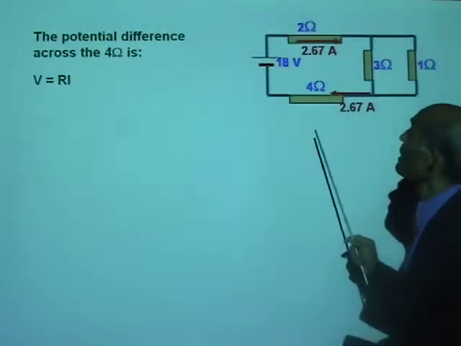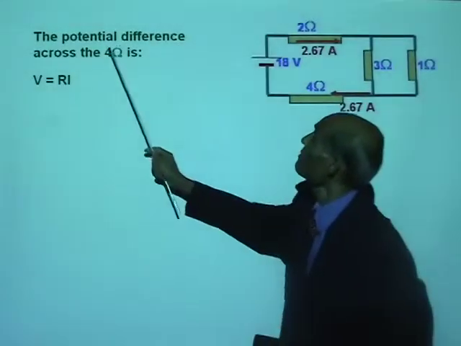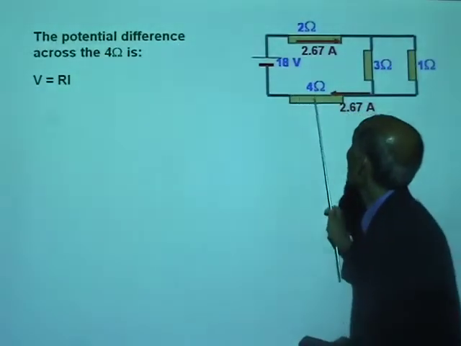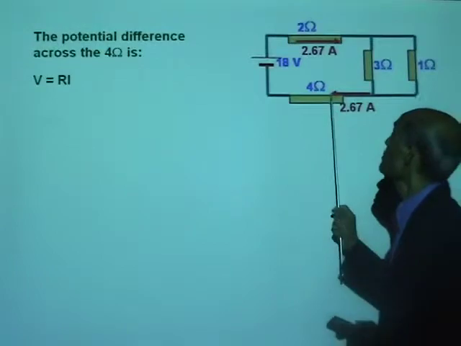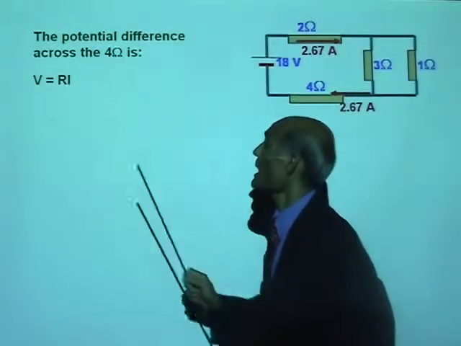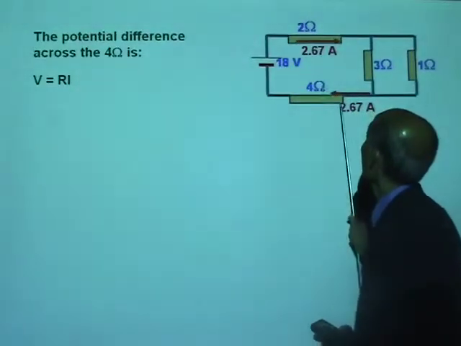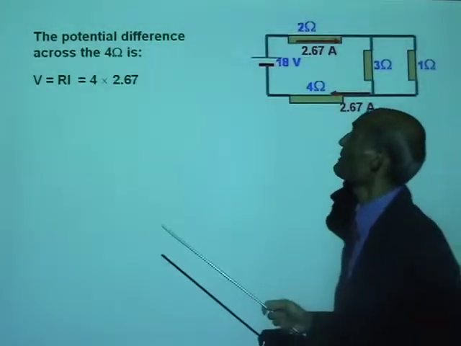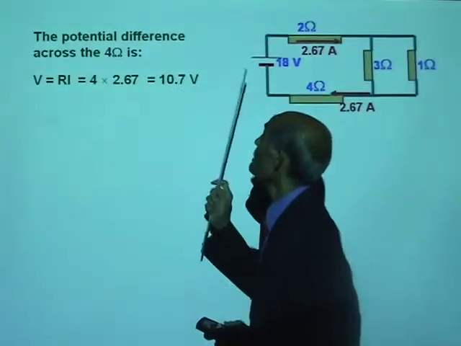Alright, now let's go and find the potential difference across this 4 ohm. The potential difference across the 4 ohm will be V equal to Ri, R equal to 4 ohm, I is 2.67, and that is 10.7 volt.